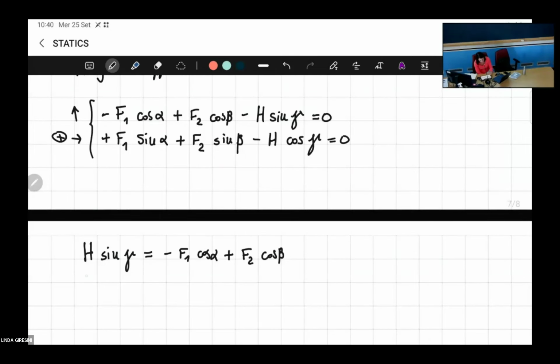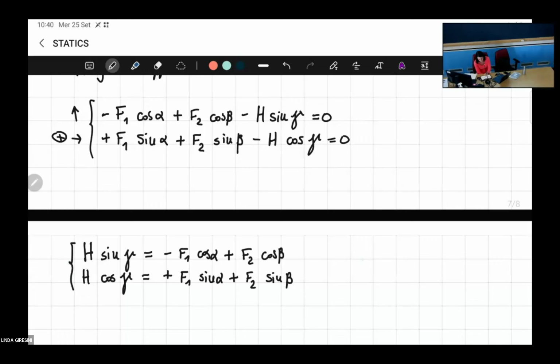And for the second equation, we have H cos gamma equal to plus F1 sin alpha plus F2 sin beta.